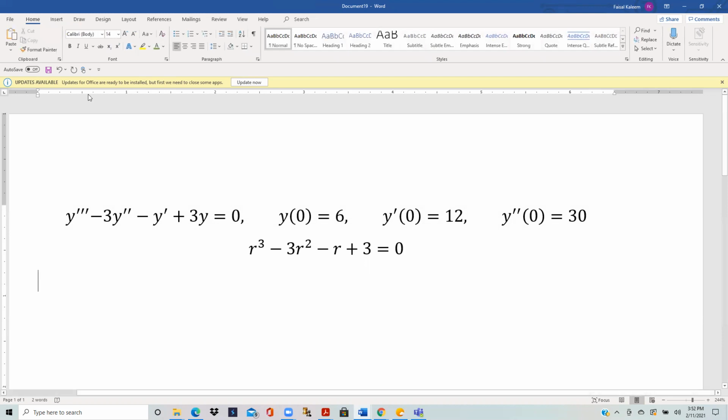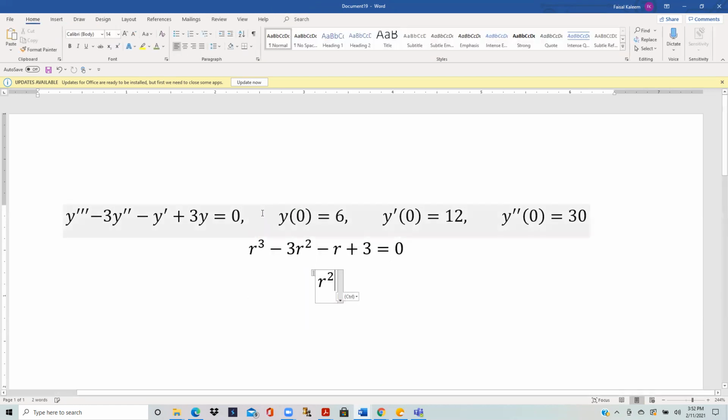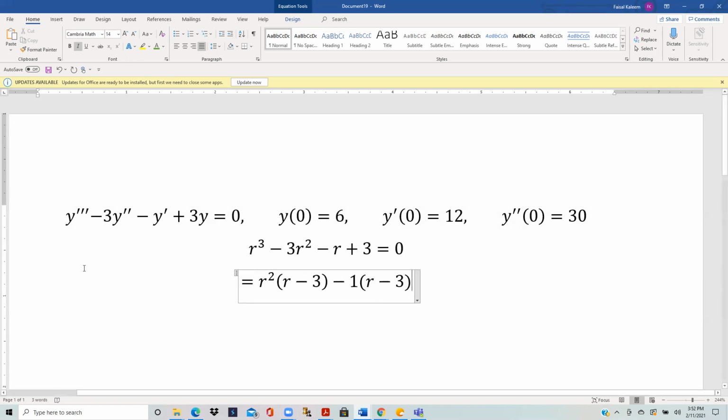So from the first two terms, you can factor out an r squared. R squared factors out from the first two, and you are left with r minus 3. And from the second two, you can factor a negative 1. And you get r minus 3, equal to 0.